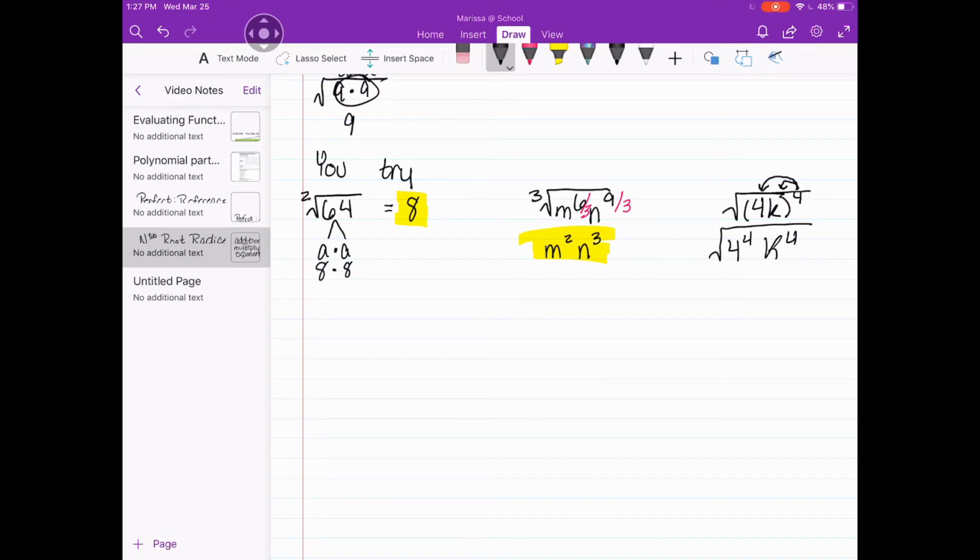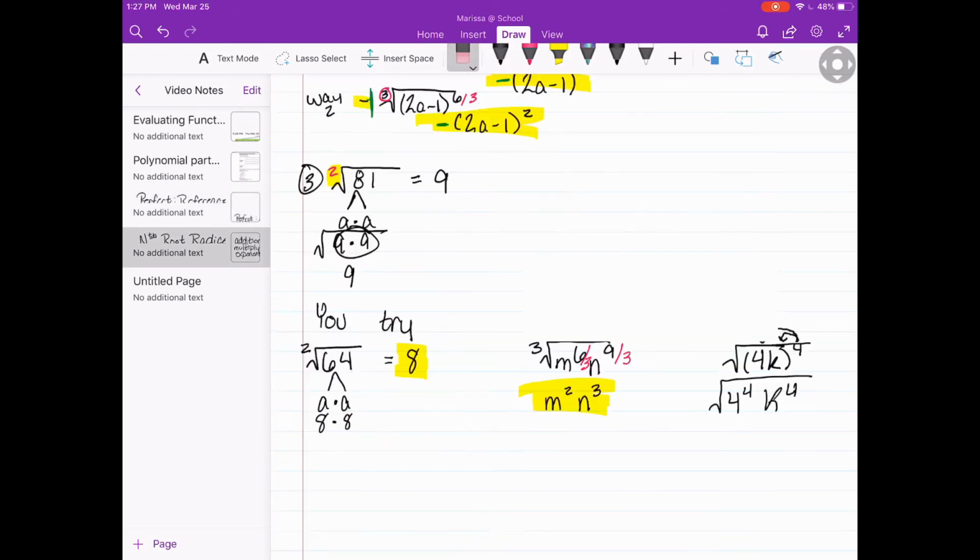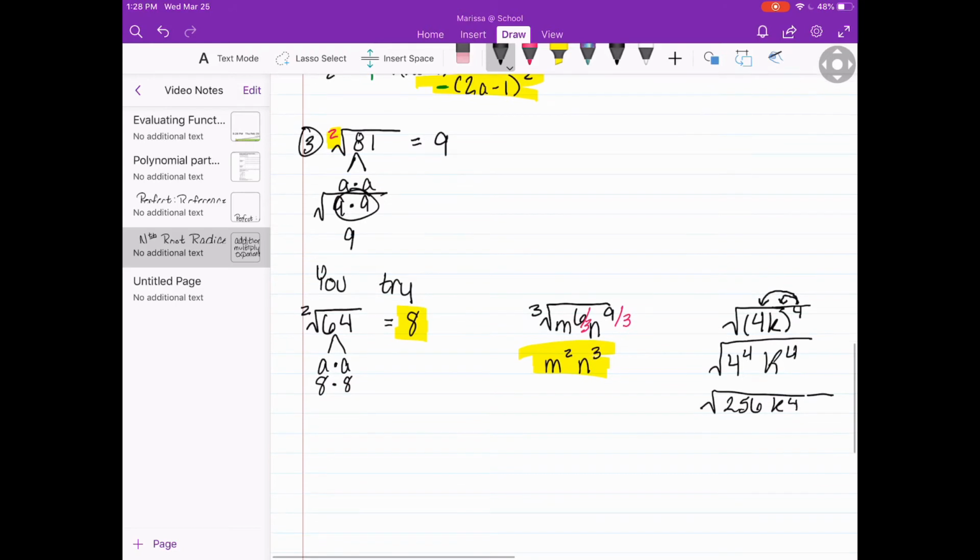I could say, what is 4 to the 4th power? And I know that I did that one, and it's 256. I found that right here, 256. So I can say, all right, well, I know that is in fact 256, k to the 4th power then.